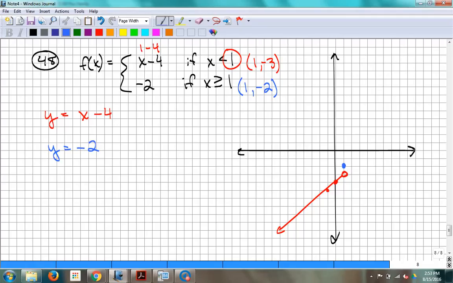That's correct. Greater than tells me to go to the right. X's that are greater than 1 are in that direction. So it's supposed to look like what you've got drawn there. Okay. There's a piecewise graph. Not quite as painful as we're making it out to be.